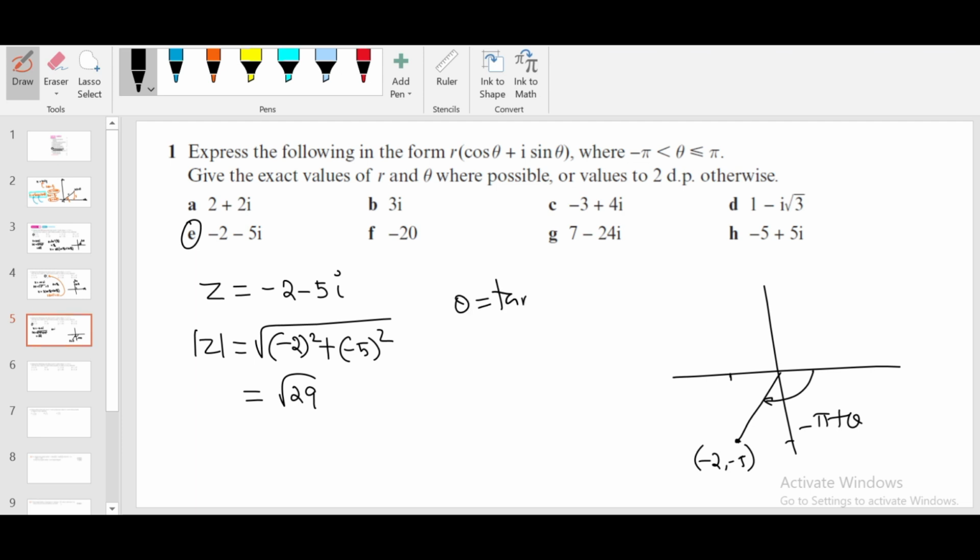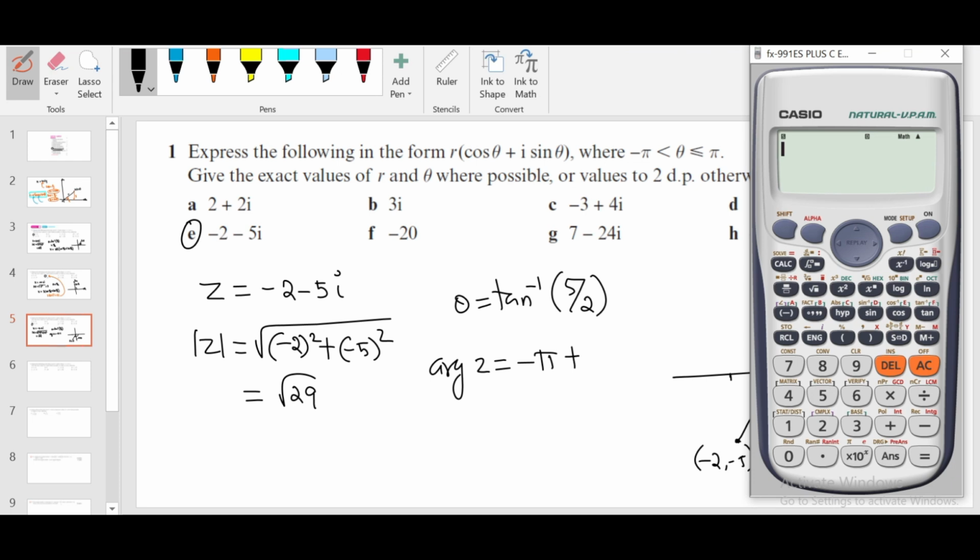Theta is tan inverse of y over x, 5 by 2. Don't take the negative sign. And then argument of z is minus pi plus whatever value you are getting here, tan inverse of 5/2. So you need to use your calculator in radian mode.